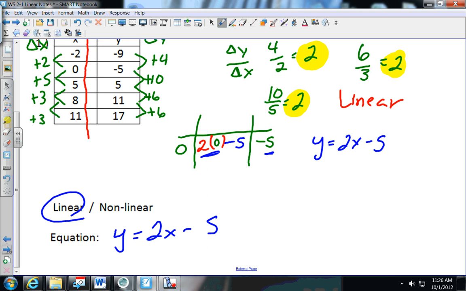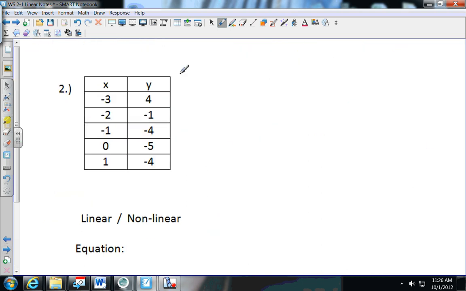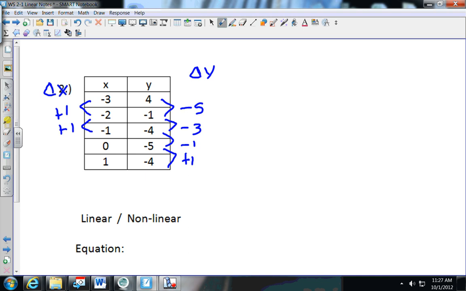The next one, here's another table. I'm going to do delta y. The change in y right here is minus 5, minus 3, minus 1, plus 1. Delta x is plus 1, plus 1, plus 1, plus 1.